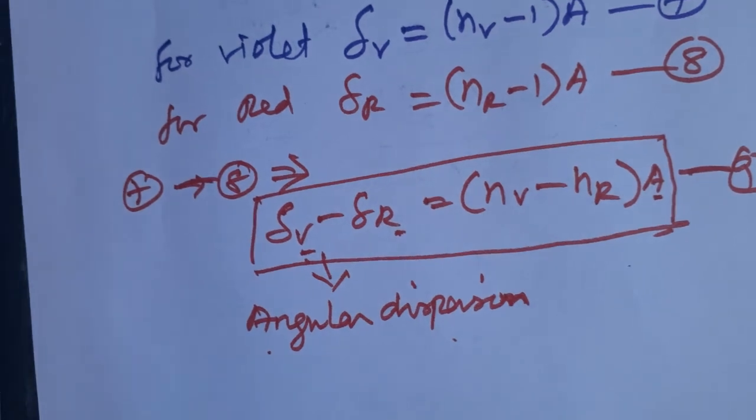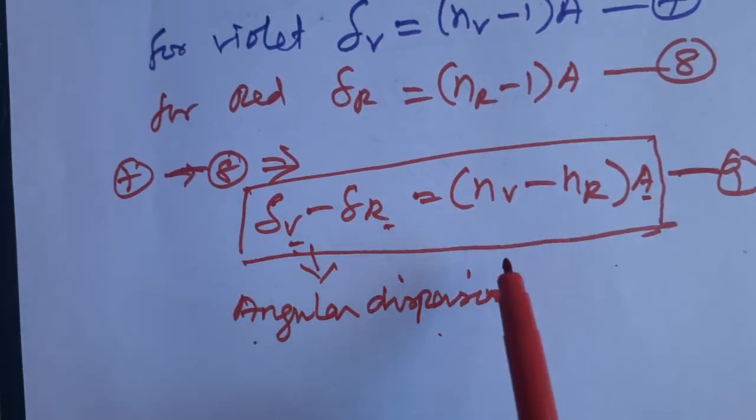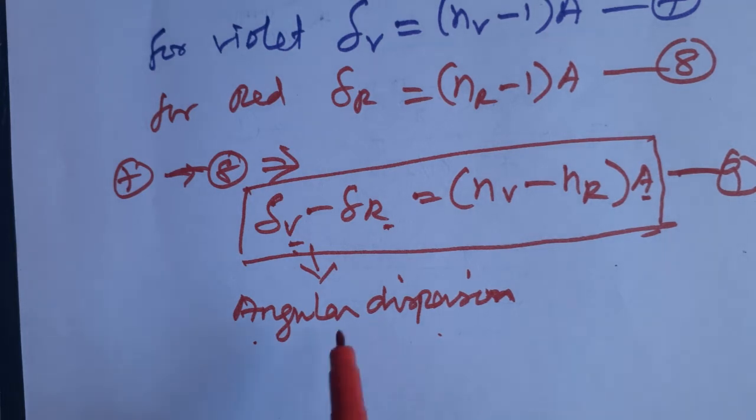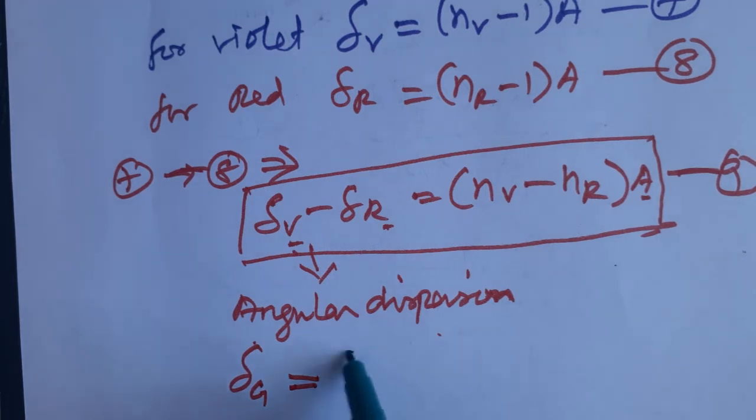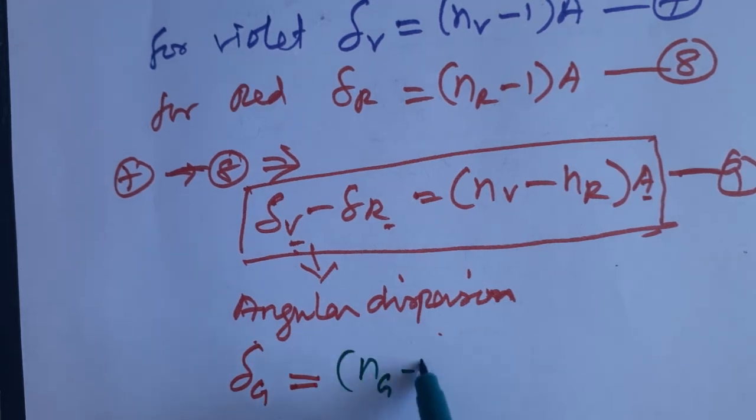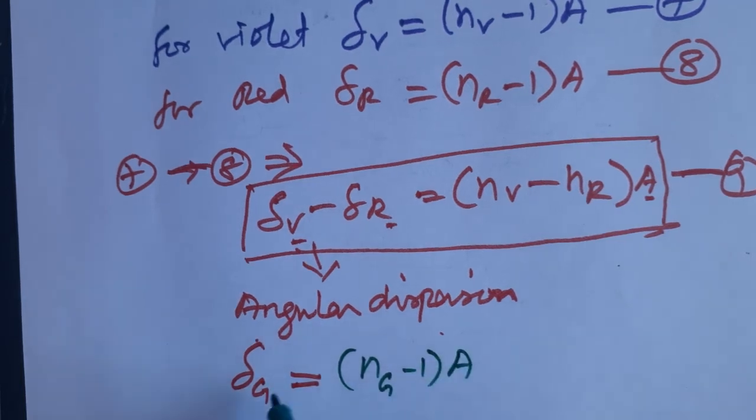That was for the 2 extreme colors, angular dispersion. For mean colors, you can choose any one among green, yellow and blue. Green, yellow, blue are mean colors. I am considering green as the mean color, for which delta green equals n of green minus 1 into A. So this is for green color.